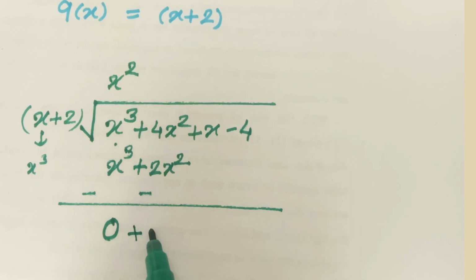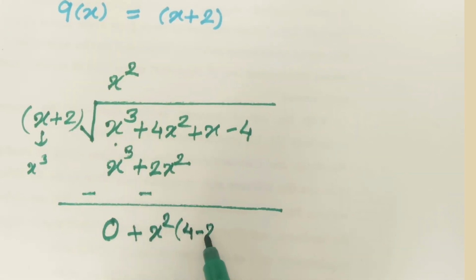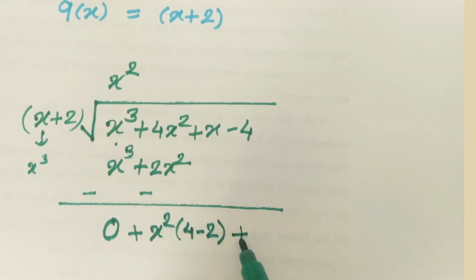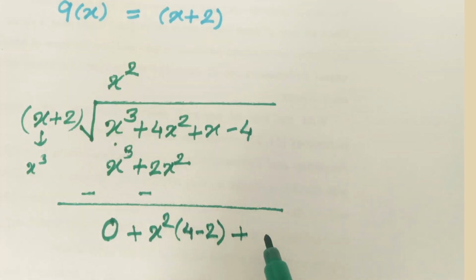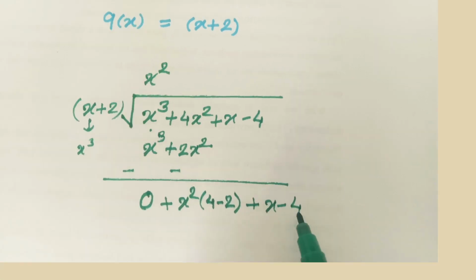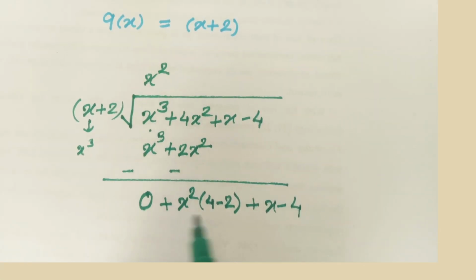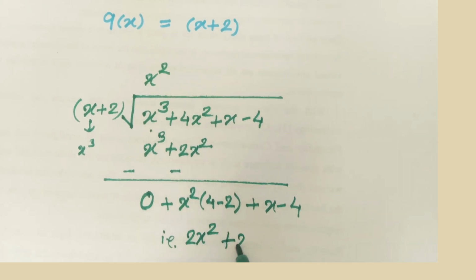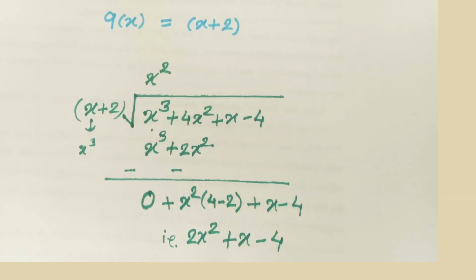Then you have to take x squared common and the first term remains 4 minus 2 plus the remaining term as it is, that is x minus 4. Here the subtraction is 2, so we get twice x squared plus x minus 4.